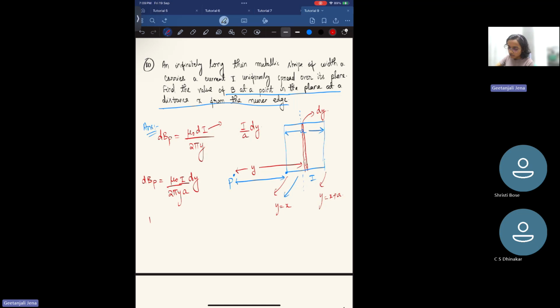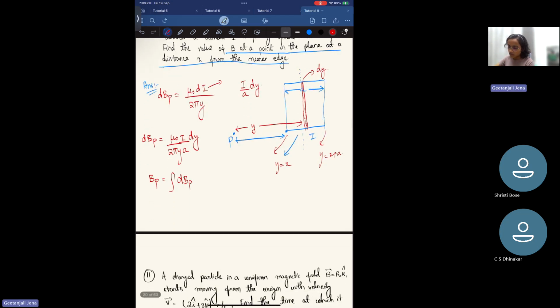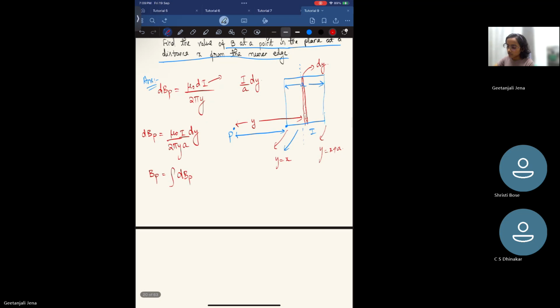Now we just need to take the integration of dBp, which is mu naught I by 2 pi a, dy by y, with limits from x to x plus a.